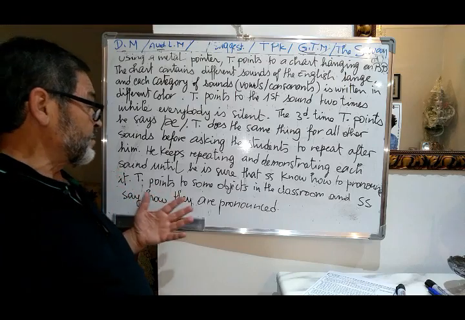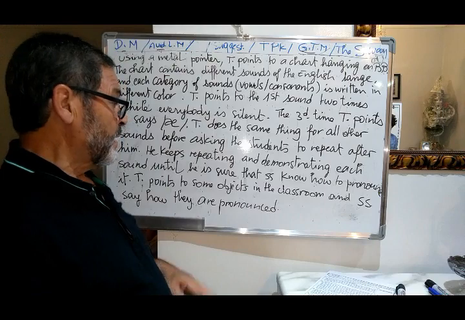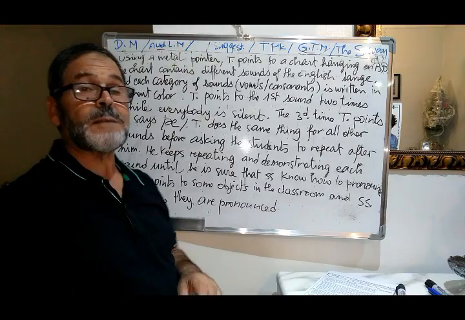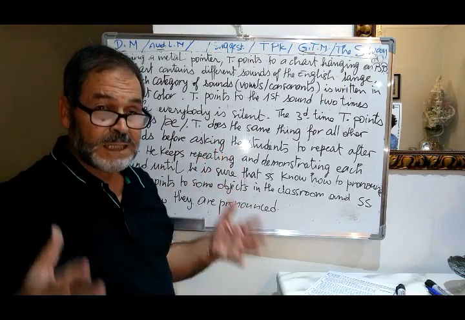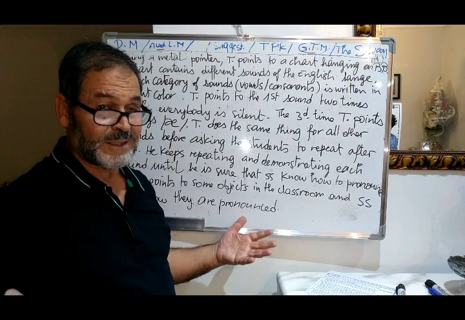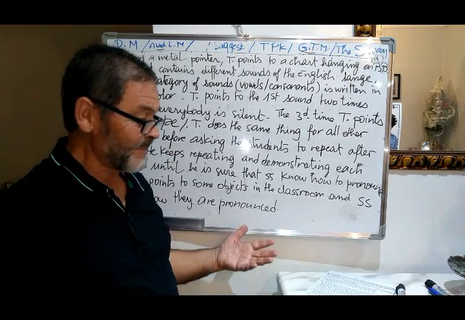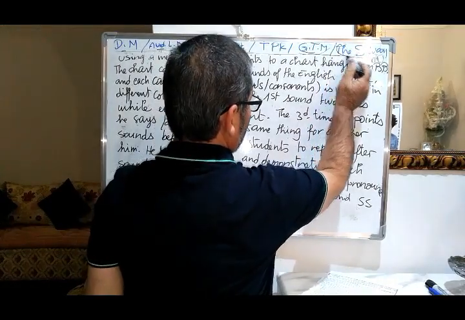The teacher points to some objects in the classroom, and students say how they are pronounced. So students keep silent, listen and repeat after the teacher. This is the Silent Way. These are the characteristics of the Silent Way.